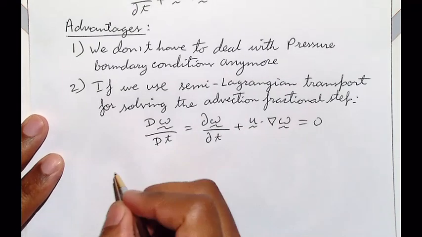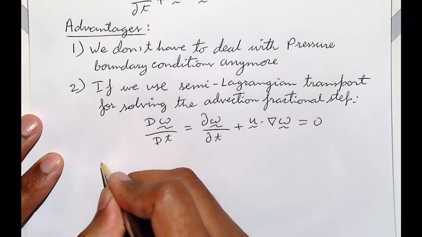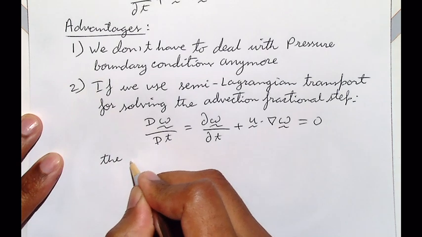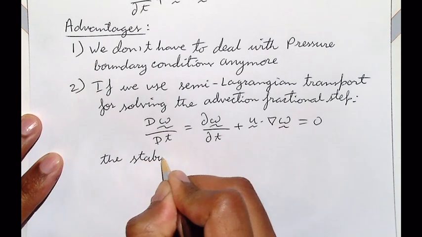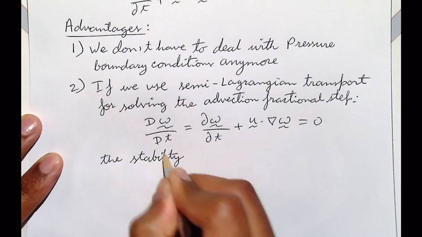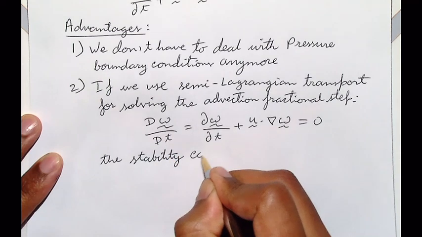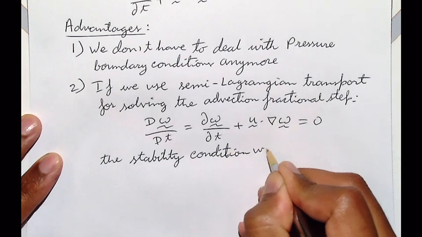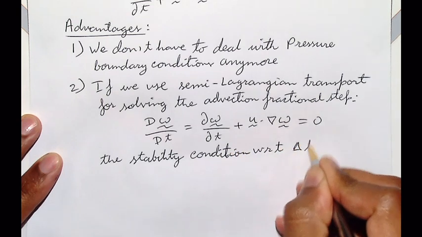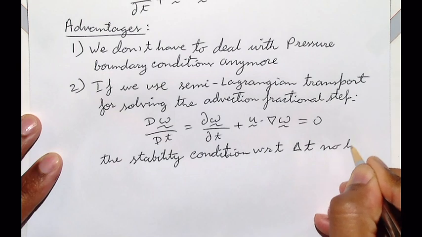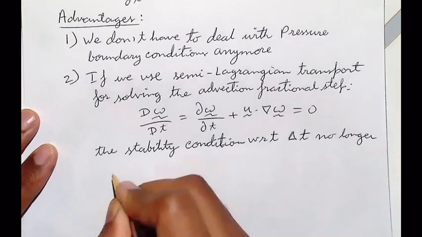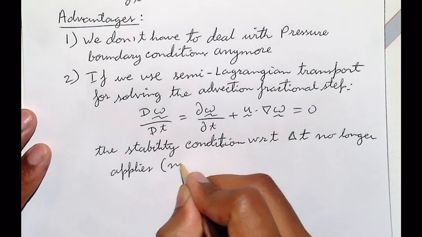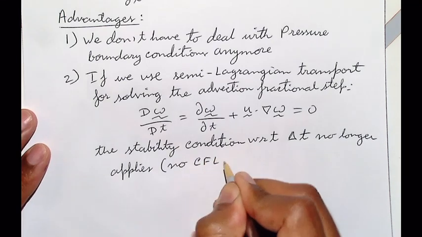So the CFL stability condition with respect to delta T no longer applies. There's no CFL condition.